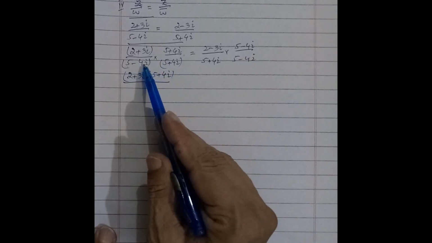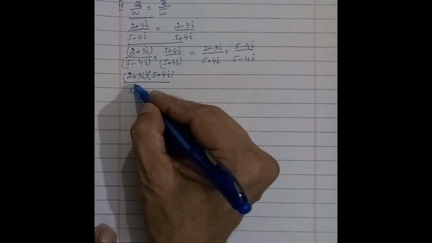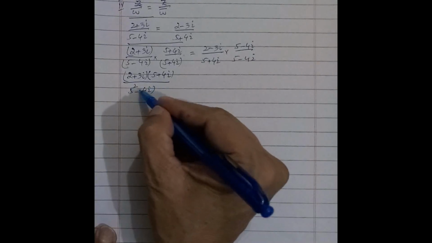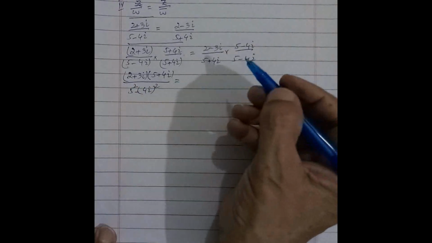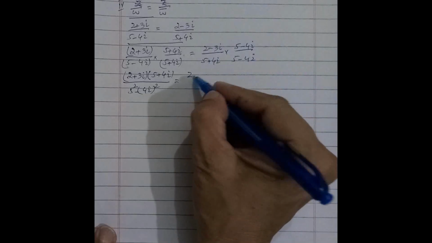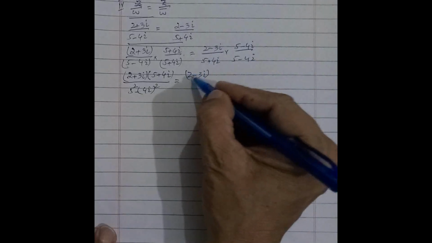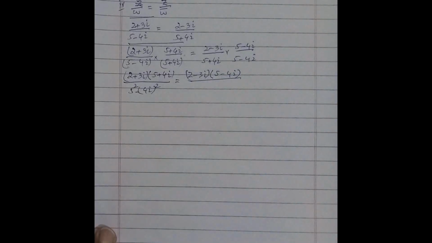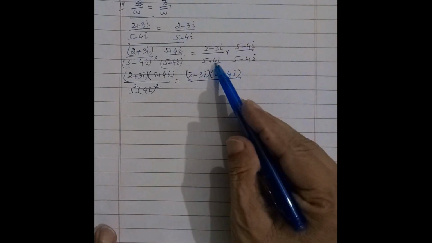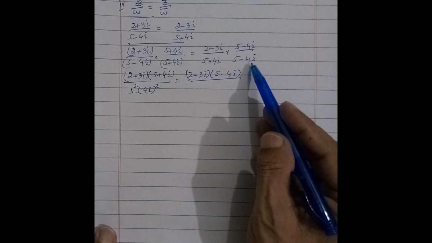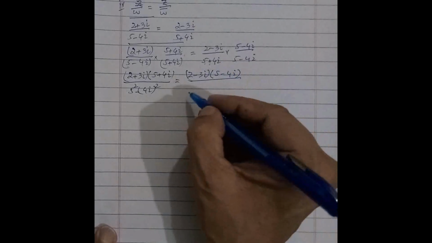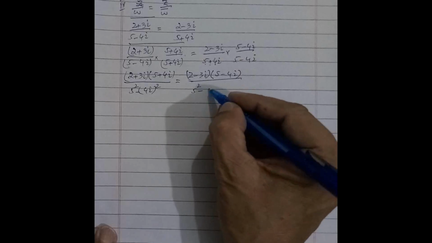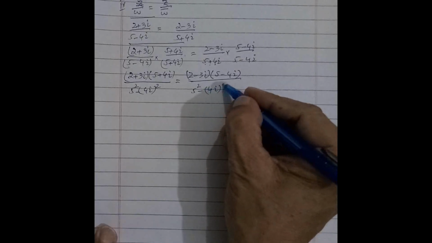The answer is a square minus b square, which is 5 square minus 4 iota square. On the other hand side, 2 minus 3 iota into 5 minus 4 iota, and in the denominator a plus b into a minus b, so the answer is a square minus b square, which is 5 square minus 4 iota whole square.